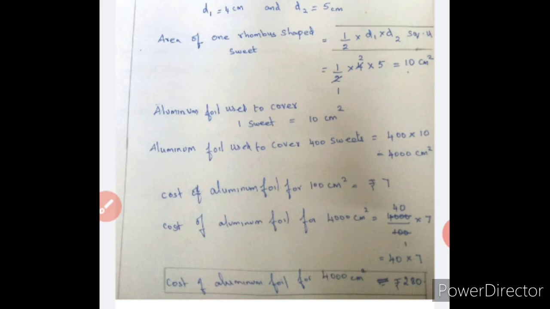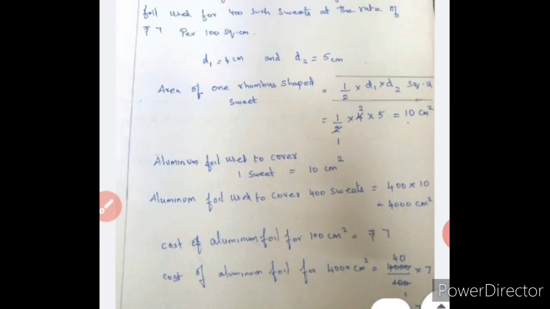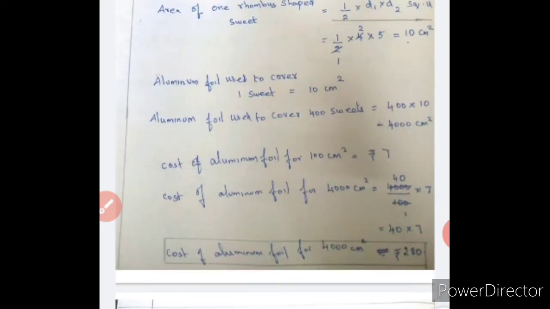In the question they have given, find the cost of the aluminum foil used for 400 such sweets at the rate of 7 rupees per square centimeter. So the cost of aluminum to cover 100 centimeter square is equal to 7.